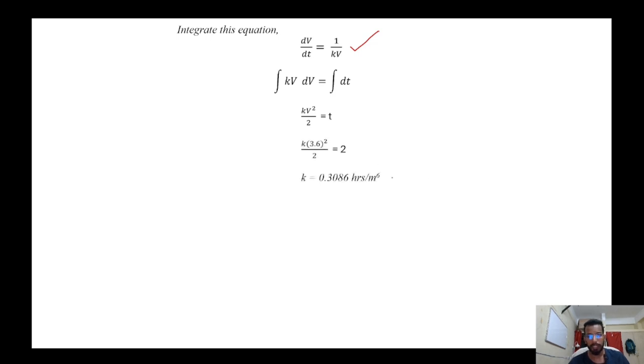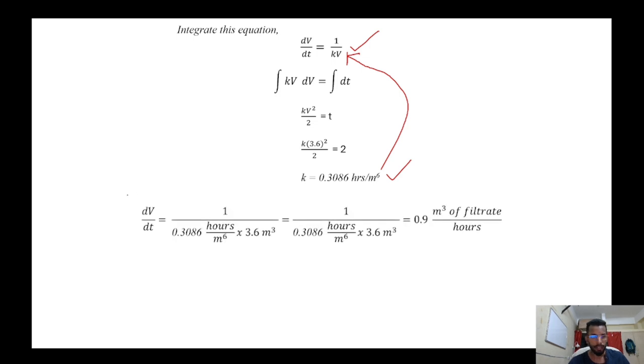Now K will be this; we will not leave out the units. Putting the value of K here and putting in all the values and units, we get dV by dt, the rate of filtration. One fourth of this value will be the rate of washing.